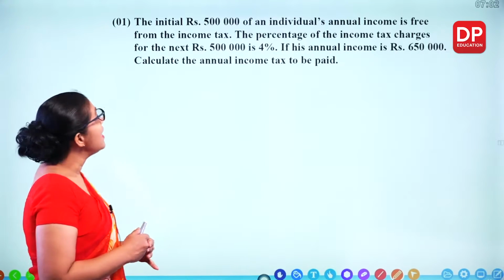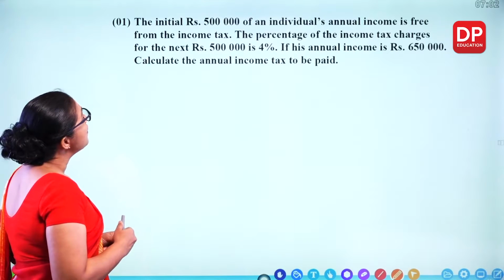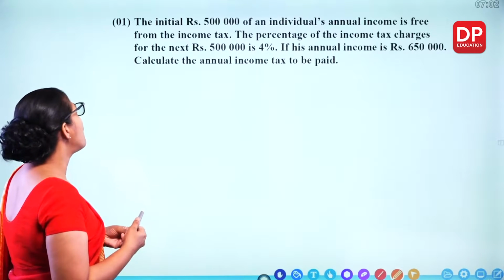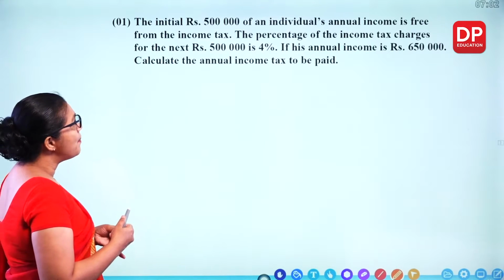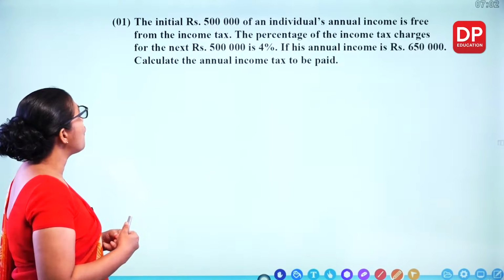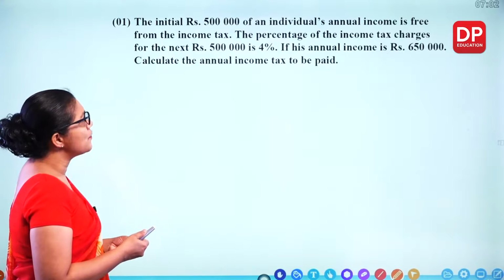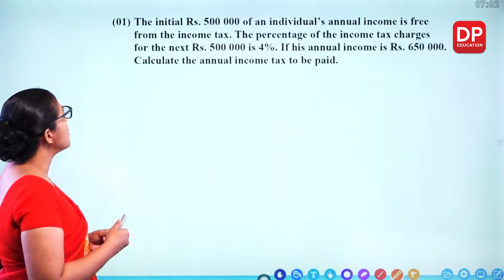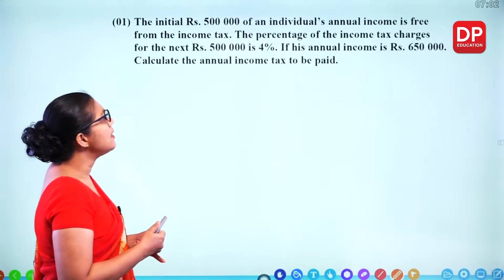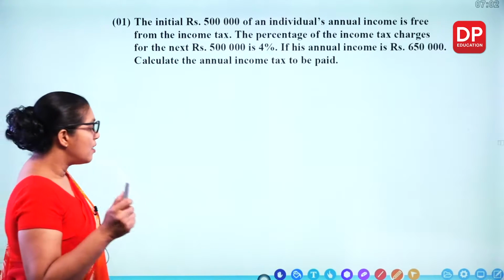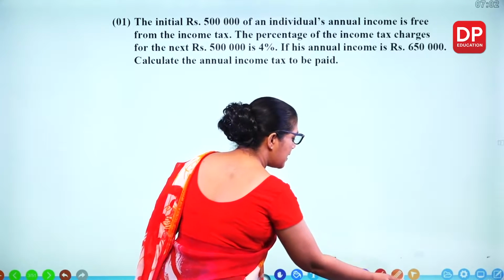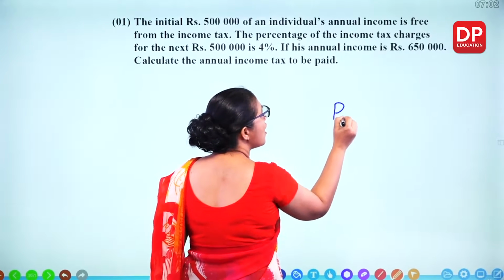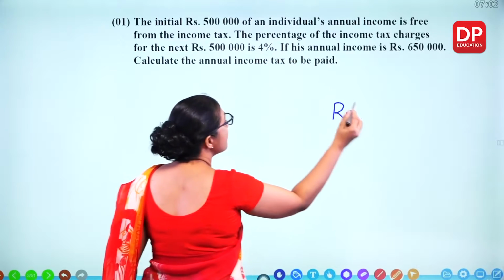Question number 1. The initial 500,000 of an individual's annual income is free from the income tax. The percentage of the income tax charged for the next 500,000 is 4%. If his annual income is 650,000 rupees, calculate the annual income tax to be paid. Always remember this is the way they are charging taxes.